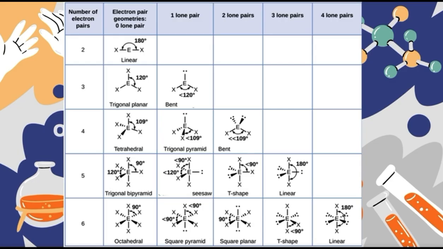When a lone pair is present, the lone pair will compress the bond angle, causing the bond angle to be smaller than the basic shape. For example, when the number of electron pairs is 3 and there's 1 lone pair present, the shape will become bent and the angle will be less than 120 degrees.